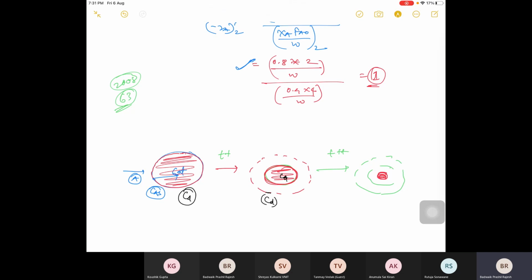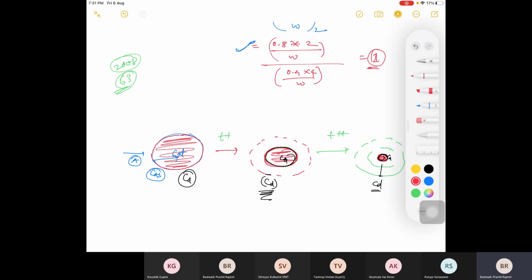C active will be at the center or up to the surface, and there will be deactive here, the one which I showed there as a whole. In this case, you can see your active surface is this only. So I'm writing here CA, and everywhere here is CD, right? So you can see your active amount of catalyst is decreasing. Now, based on this, could you please tell what should be the answer for this 63 question?